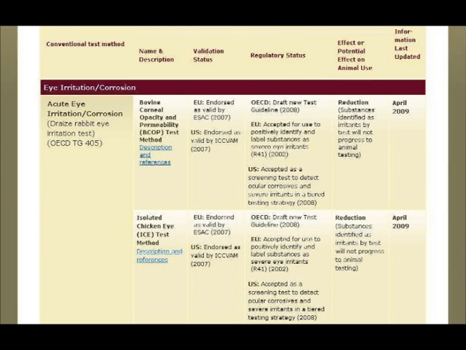The regulatory status: OECD draft new test guideline, EU accepted for use to positively identify and label substances as severe eye irritants, and in the US it is accepted as a screening test to detect ocular corrosives and severe irritants in a tiered testing strategy. And again, it is a reduction test, as substances identified as irritants by test will not progress to animal testing.